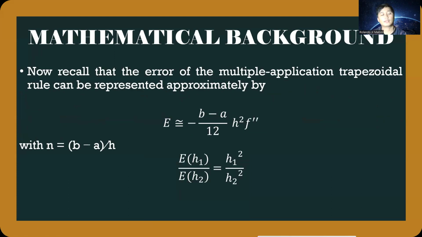Okay, next, recall that the error of the multiple application trapezoidal rule can be presented approximately by the following equation. So we have E is equal to negative (B minus A) over 12 times H squared times F double prime.